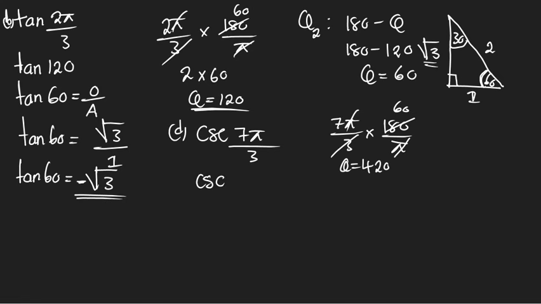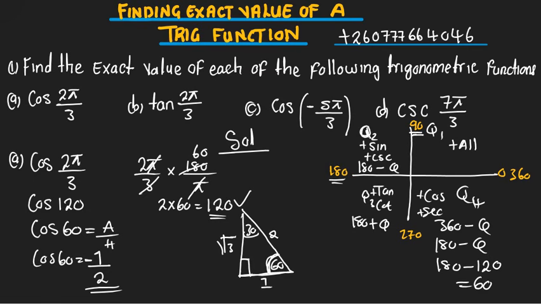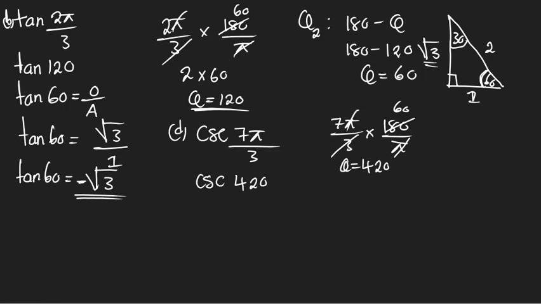So this is going to be cosecant 420, right? Now, this 420 theta, where exactly is it falling? You discover that 420 is surpassing 360 degrees, so it falls in the first quadrant. Subtracting, you're going to say 420 minus 360, and then you're going to get 60 degrees.